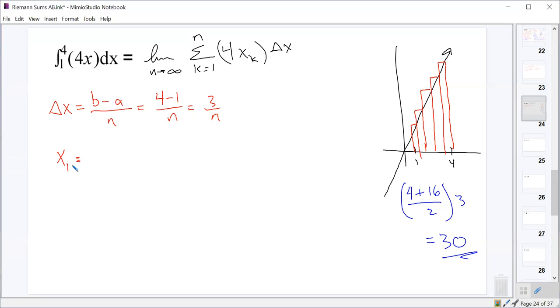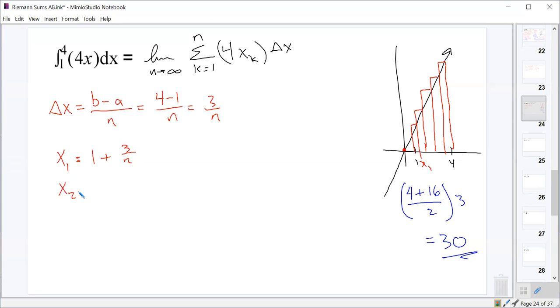The first place we go up for a rectangle is x sub 1. How far over have we gone from the origin to get to x sub 1? One plus 3 over n. We've gone over 1 unit, from 0 to 1, to where we're starting our interval, and then the width of one rectangle, which is 3 over n.